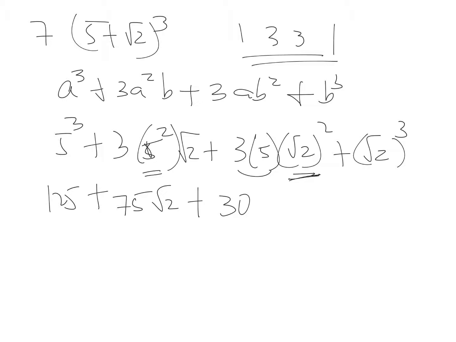Plus, now when we look at this, we could actually make this root 2 times root 2 squared. But root 2 squared will give us 2. So that's the same as saying 2 root 2. Okay? So that's how we would simplify that, 2 root 2.